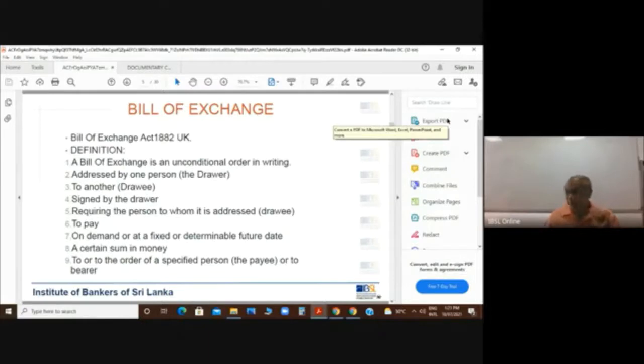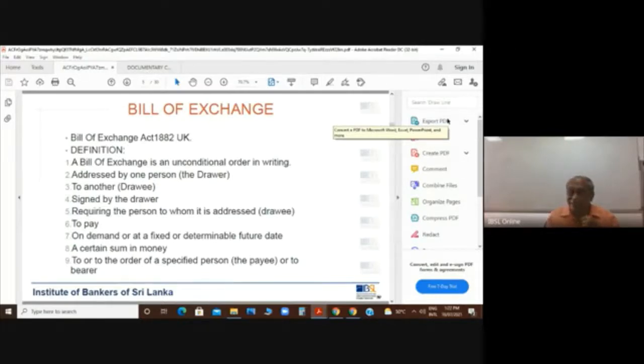Even a normal check is also written and signed by the issuer, right? Then requiring the person to whom it is addressed, the drawee, to pay on demand or at a fixed or determinable future date. Either on demand or a determinable future date.